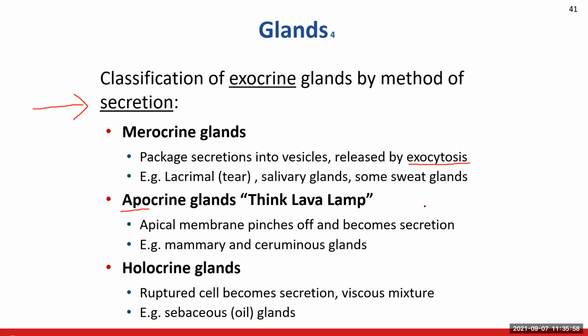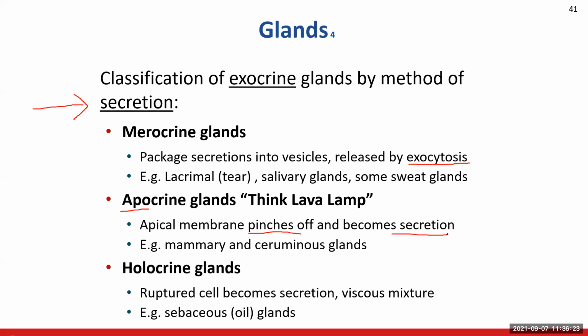And so if you've ever watched a lava lamp, it's kind of neat to watch how the material inside, you'll see these kind of globs just pinch off from each other and then float to the top and then start over again. Well, that's similar to what the apocrine glands do. The top part of the cell, the apical membrane, is going to pinch off. And that's what becomes the secretion.